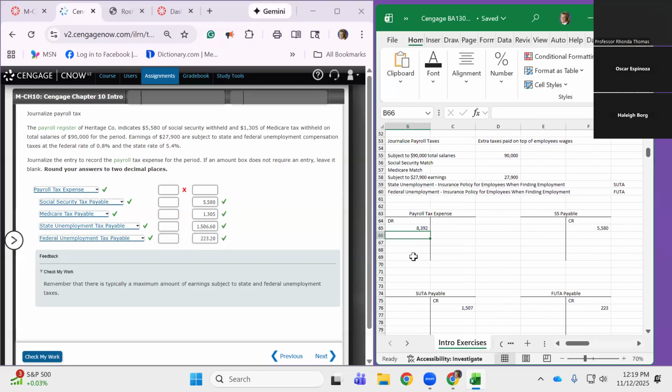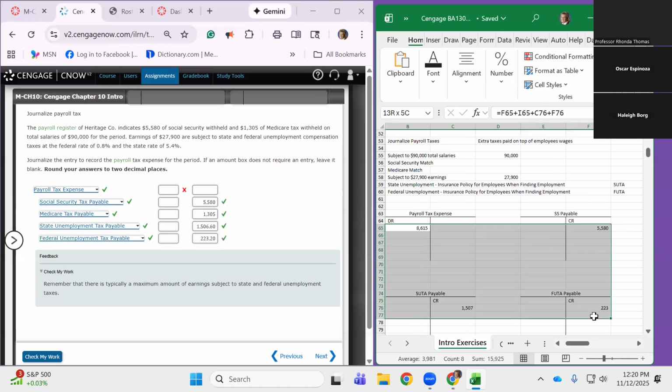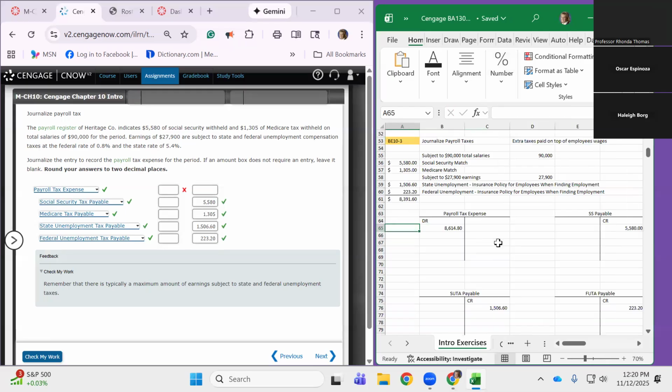There's that one. I need one more, which should be here. And then I also want to make sure these are being displayed with their cents. Hang on just a second. Now let's see if it makes a little difference. Yep, it does.